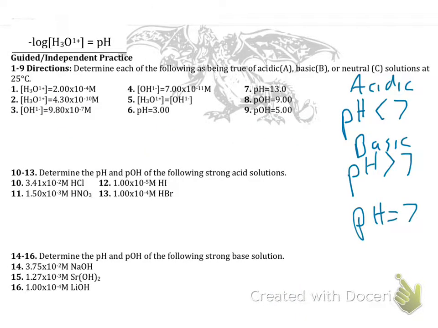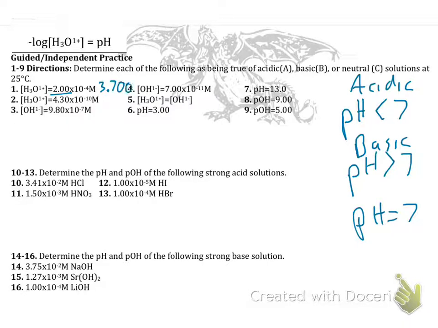So when you do that for number 1 here, the negative log of 2 times 10 to the negative 4, it ends up giving you 3.6989, which will end up rounding up to 3.700. Now, when it comes to sig figs, the number of sig figs in the hydrogen ion concentration will tell you the number of decimal places.